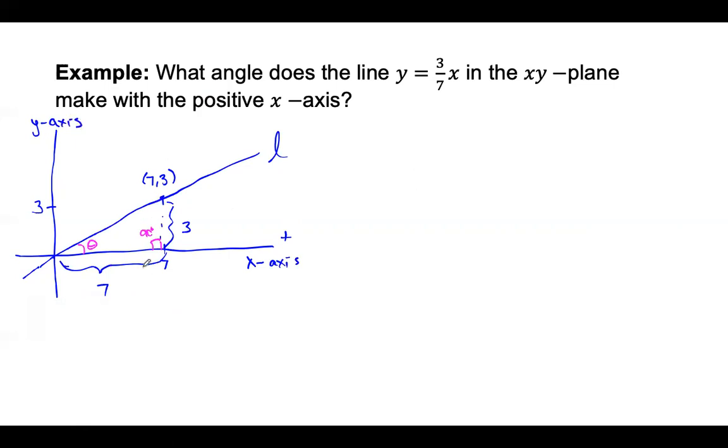So we made a triangle, and I'm just going to draw it again over here. So we have 3, we have 7, and our hypotenuse.